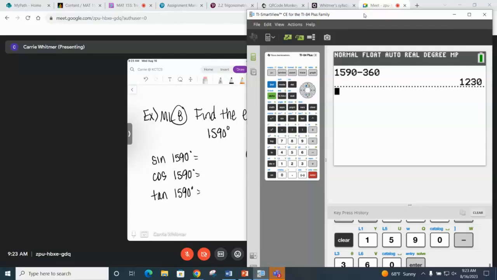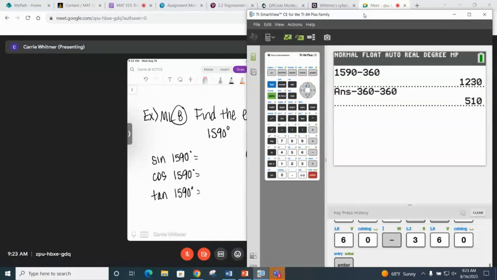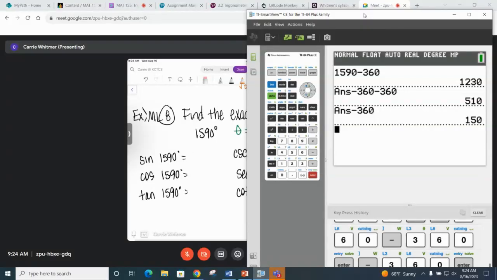And you could just subtract 360 times 2 or times 3 or however many, or you can just keep subtracting 360. I'm getting closer. There we go, 150. So theta is the same. The coterminal angle is 150 degrees. That is in quadrant 2. So my reference angle would be 180 minus 150, which is 30 degrees.